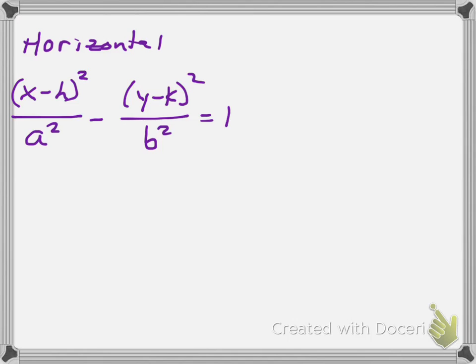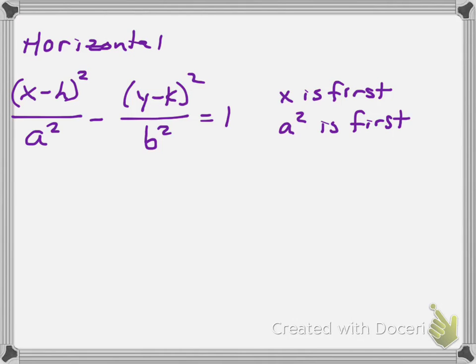Okay, the horizontal equation that you see on your formula sheet looks like that. The x is first. You kind of have to forget what I told you yesterday. For ellipses, there are certain rules. Well, those rules don't apply for hyperbolas. For a horizontal hyperbola, the x is first, and the a squared is first. A squared is not always bigger necessarily with hyperbolas.